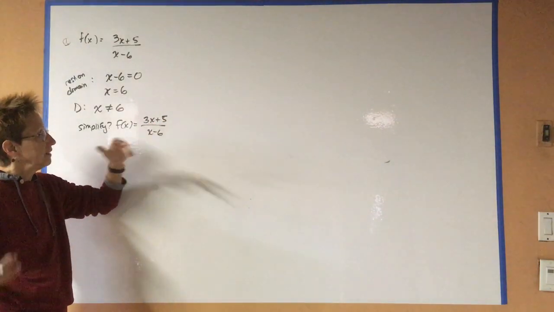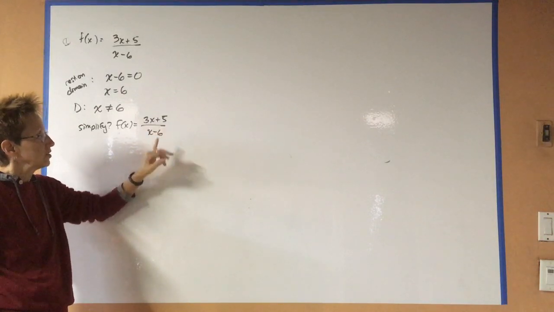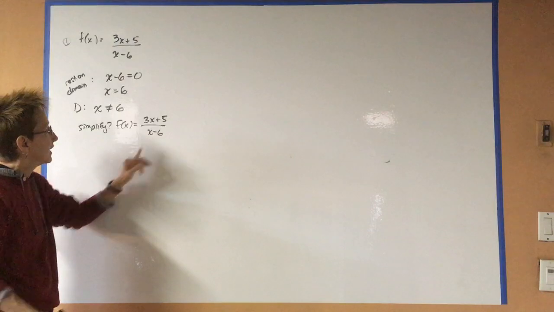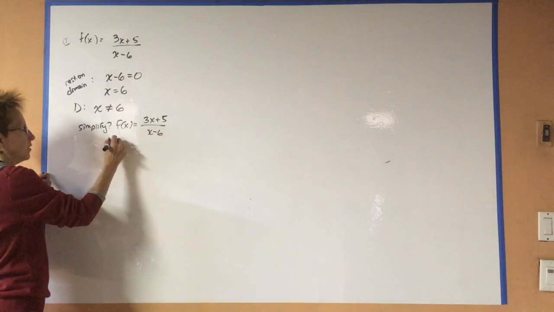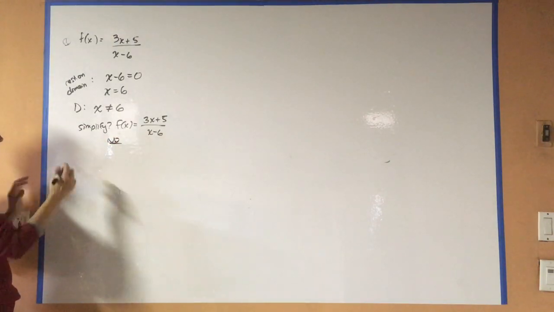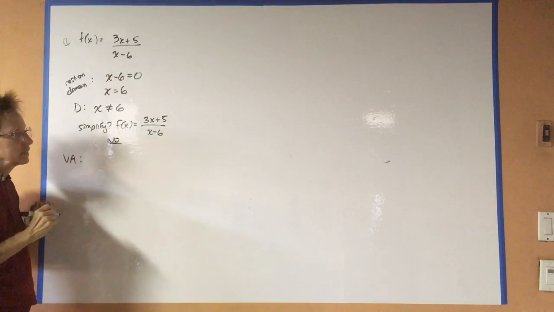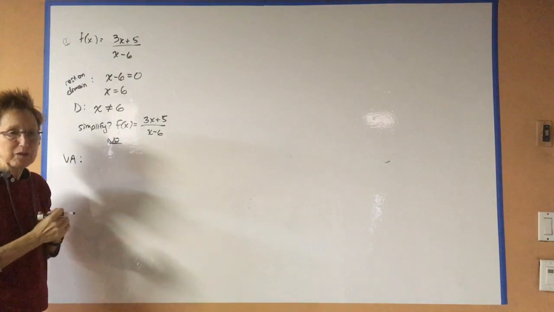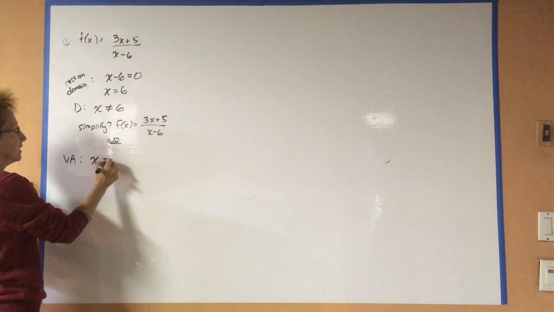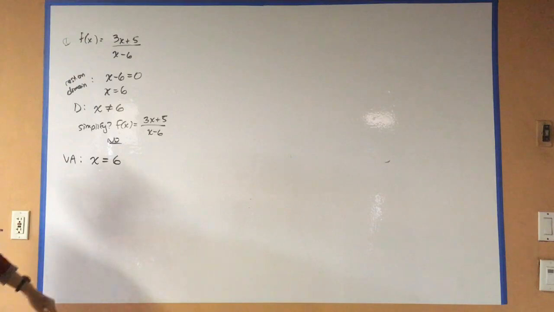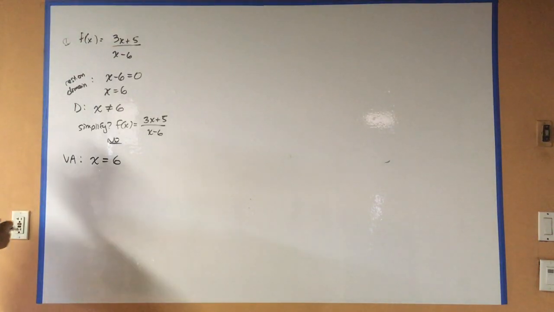Well, 3x plus 5 is linear already, there's no GCF. x minus 6 is linear already, there's no GCF. So I can't simplify, so no simplification. So that means that my vertical asymptote is, don't say 6, it's a vertical line, so it's going to be x equals 6. It's what your restrictions were on the domain. So vertical asymptote, x equals 6.